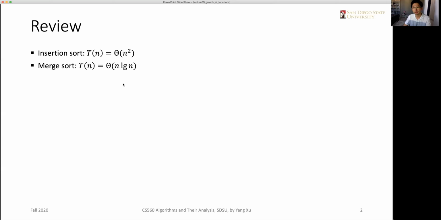Here we want to use an example to show a comparison between insertion sort and merge sort, and basically show why merge sort runs faster than insertion sort.